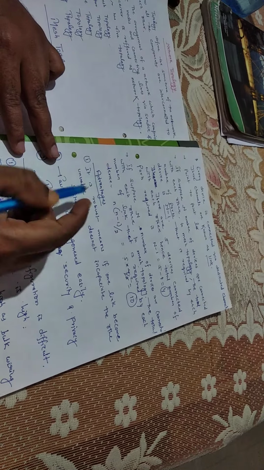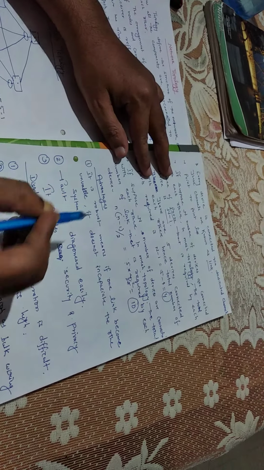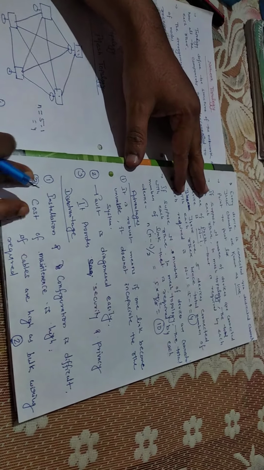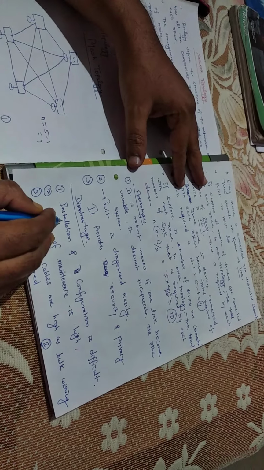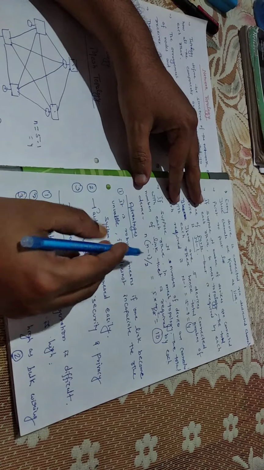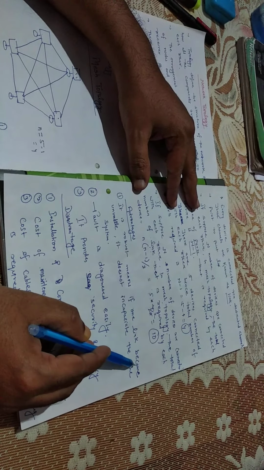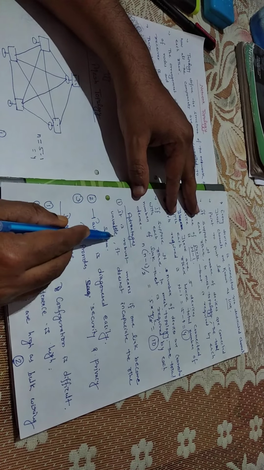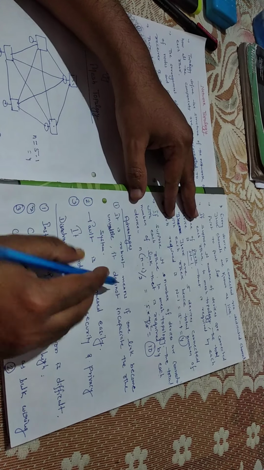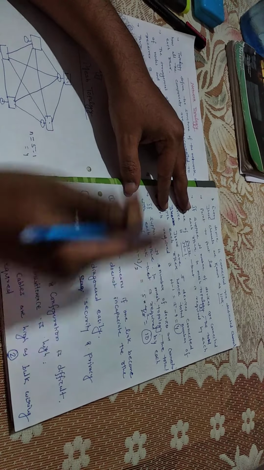So what are the advantages and disadvantages of mesh topology? First, the advantages. It is robust, meaning if one link becomes unusable, it does not incapacitate the other systems.